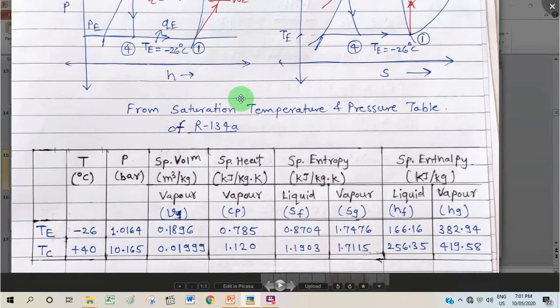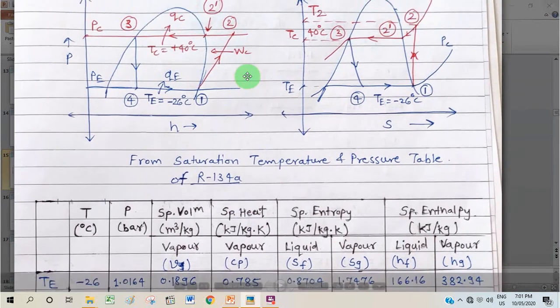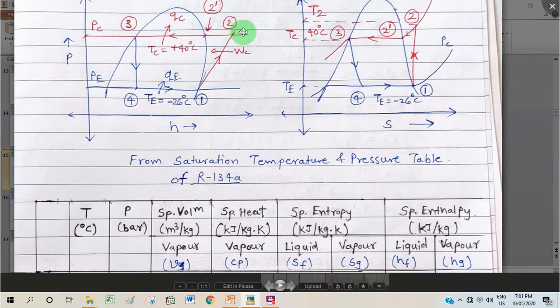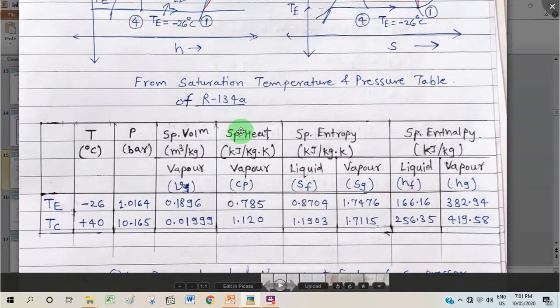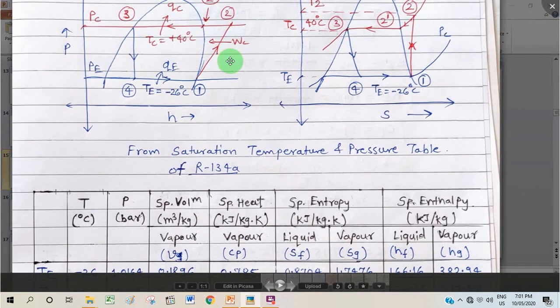We have to calculate enthalpy or entropy for this part. We have to take the reference of this saturation data, use some other property relations, and then by calculating we have to evaluate the final enthalpy.